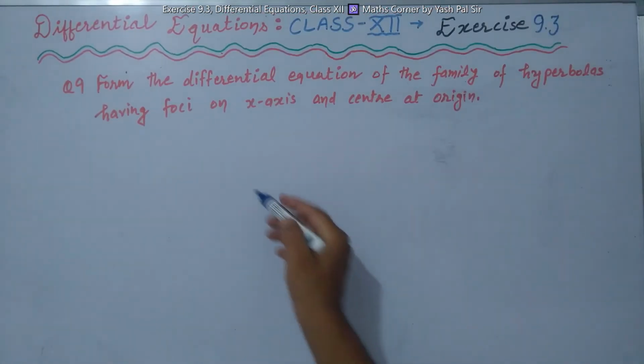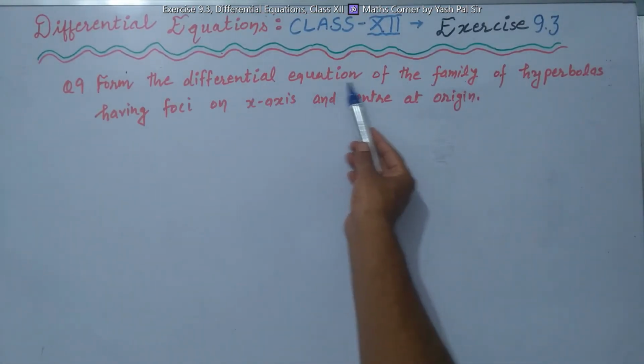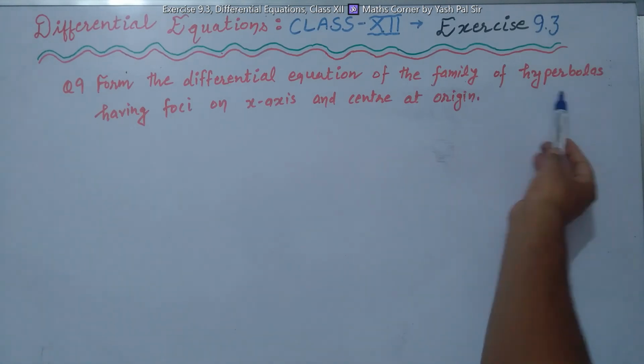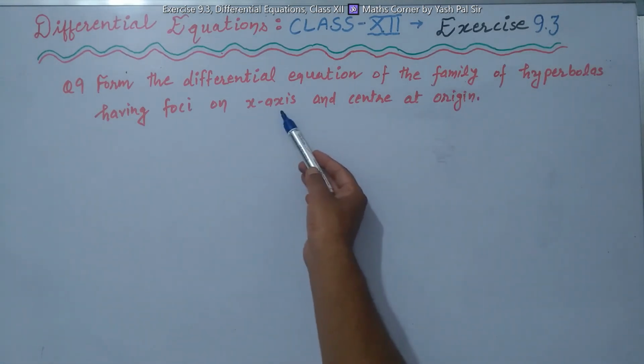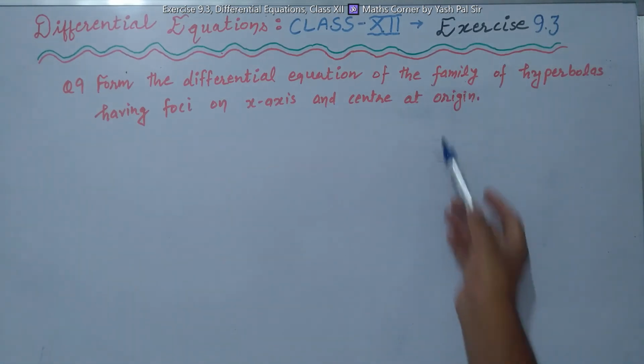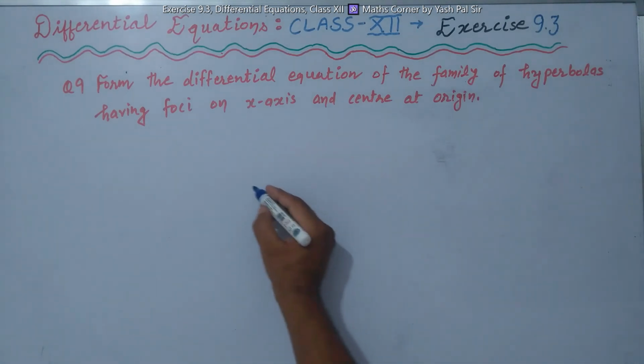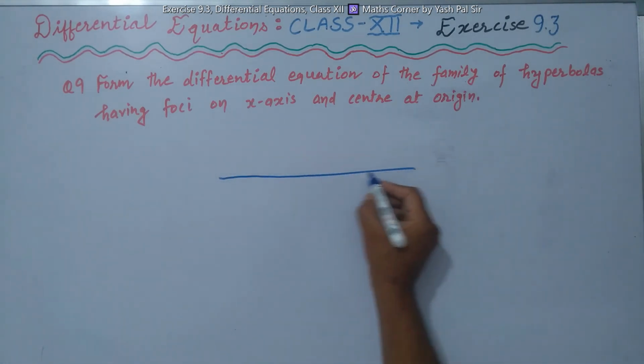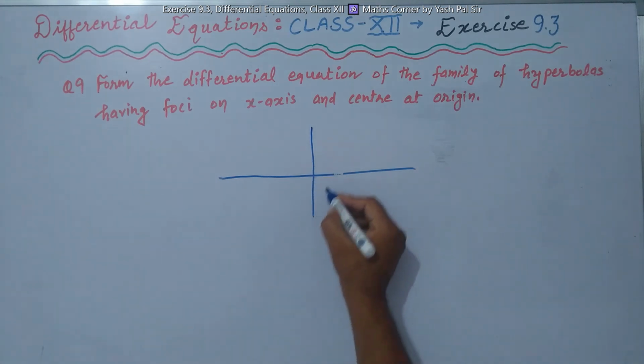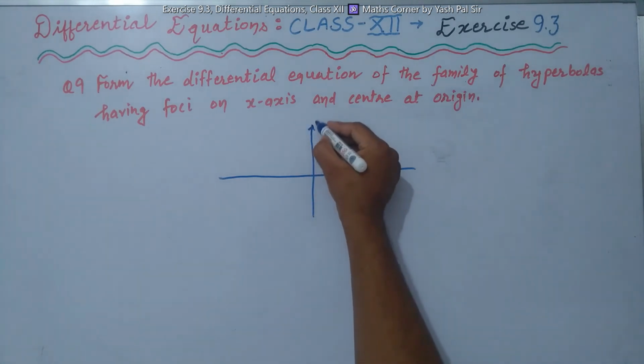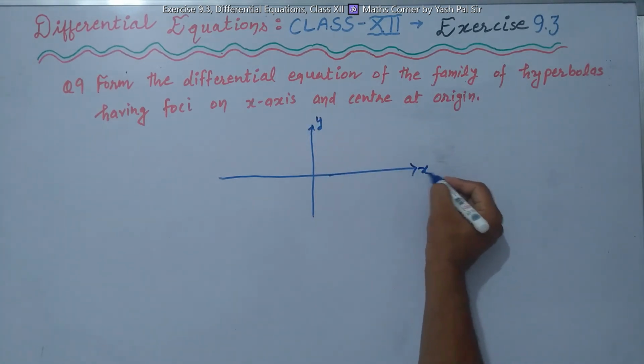Question number 9. Form the differential equation of the family of hyperbolas having foci on x-axis and center at origin. So first of all, we have this is the center, y-axis, x-axis.